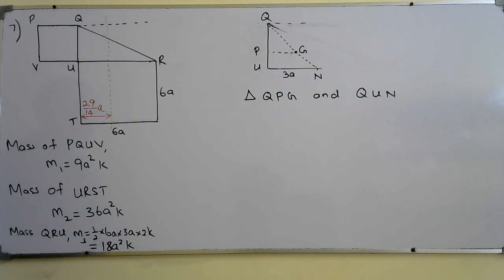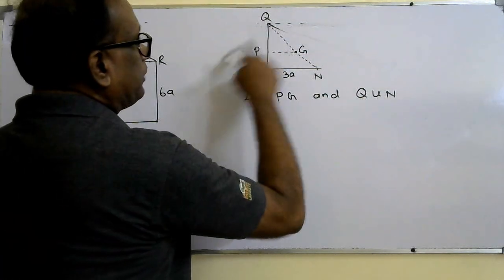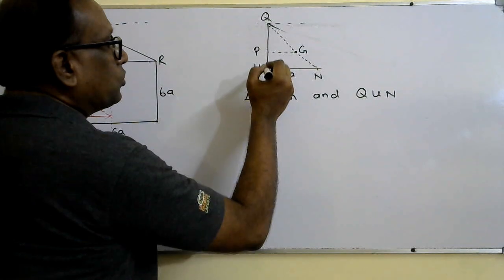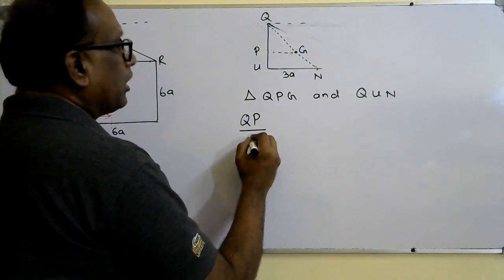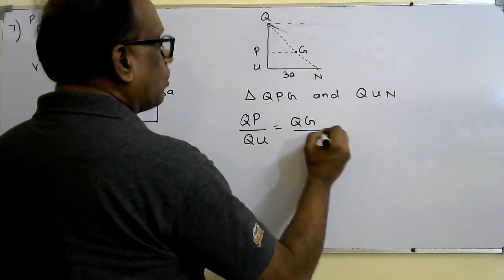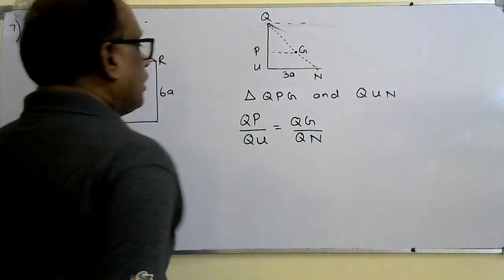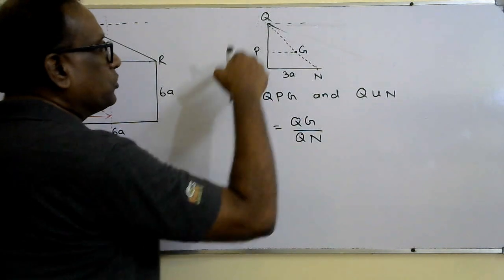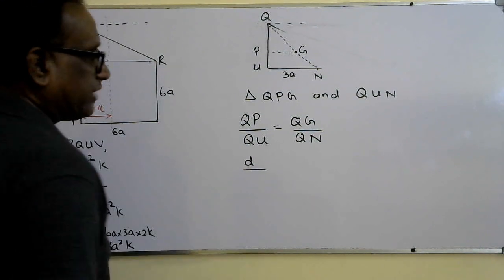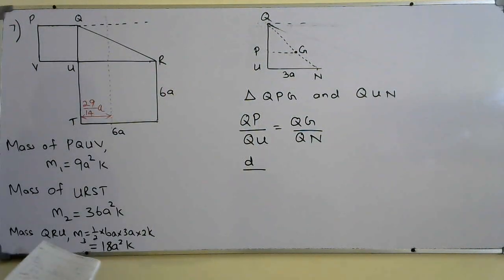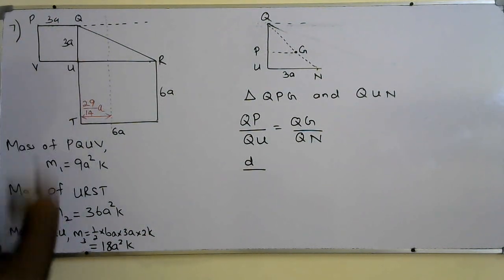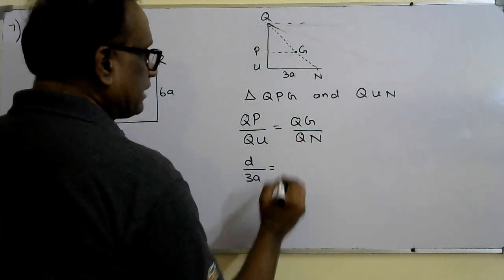Right, these are the two similar triangles, QPG and QUN. So QP over QU is equal to QG over QN. QP is the thing I need to find, let it be D. QU is given as 3A.